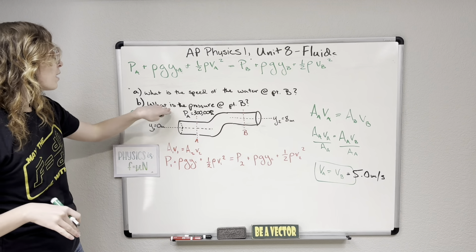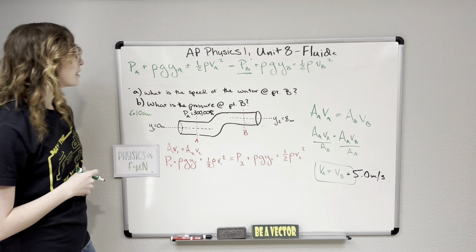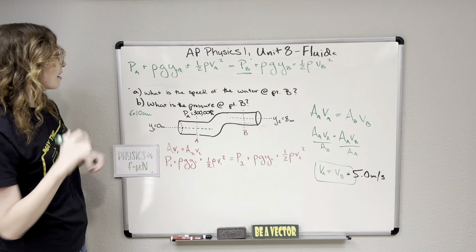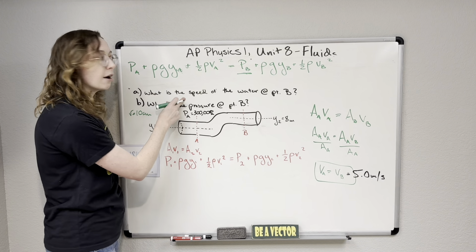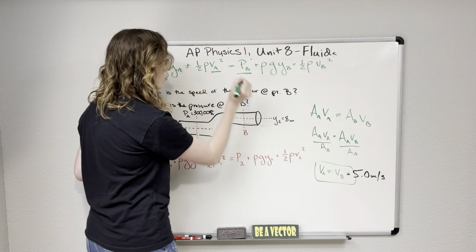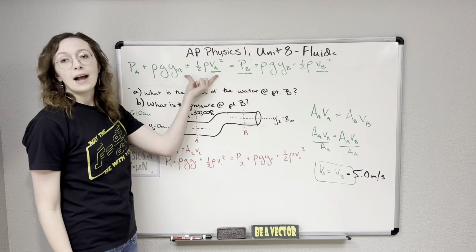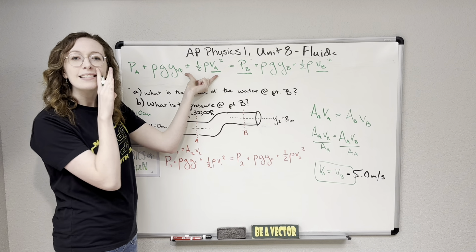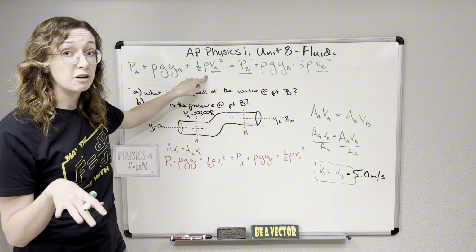First of all, we know we're looking for the pressure at point B. Well, that's this term right here. This is the guy that we're looking for. Thankfully, we also know our speed of our water stays exactly the same. Our velocity at point A is the same as our velocity at point B. So I'm just going to subtract this term from both sides because it's the same. Our density of water is always 1,000 kilograms per meter cubed.